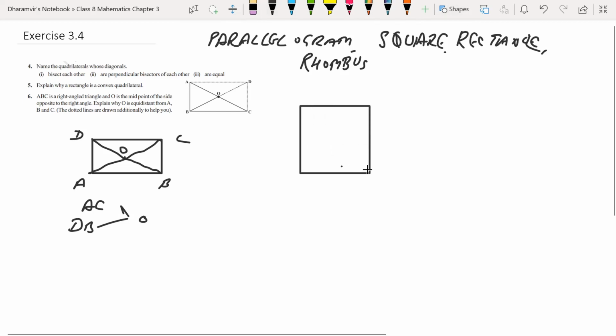If all sides are equal, then the diagonals bisect each other, like this.